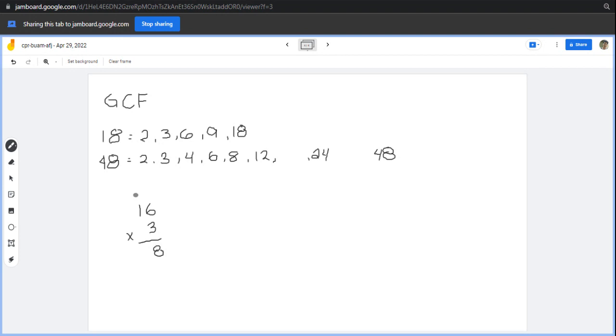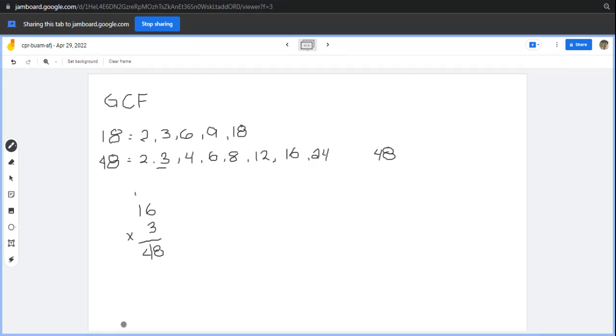So, carry 1 here. 3 times 1 is 3, plus 1 is 4. So 48. So 16 and 3 are factors of 48. So may 3 na naman tayo, then lagay na lang natin si 16, kasi factor din naman sila.